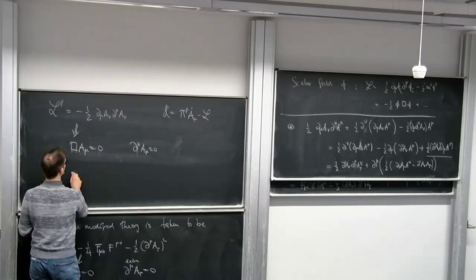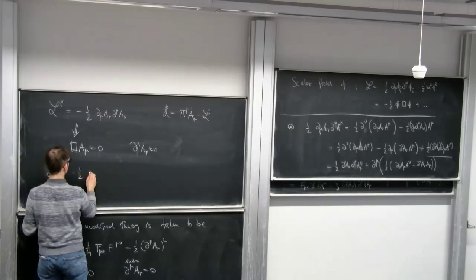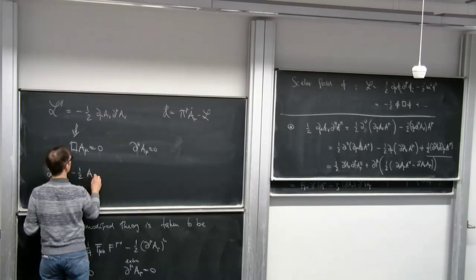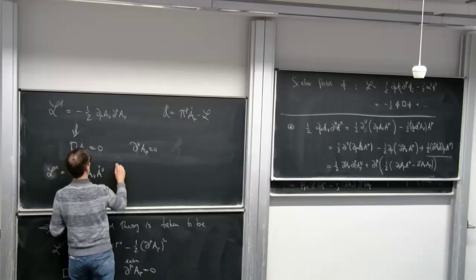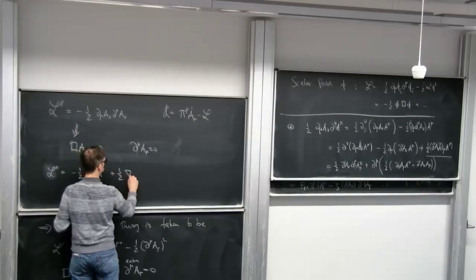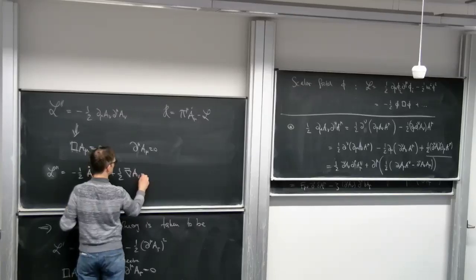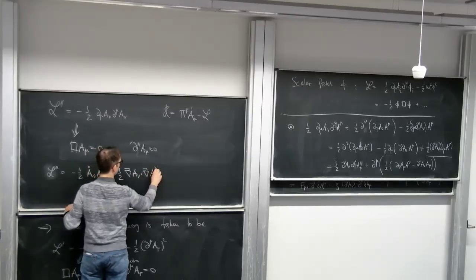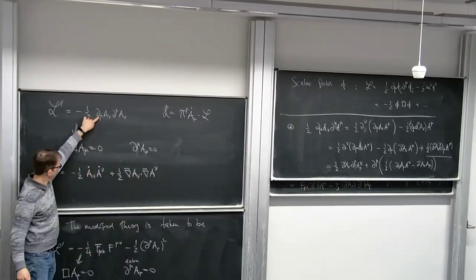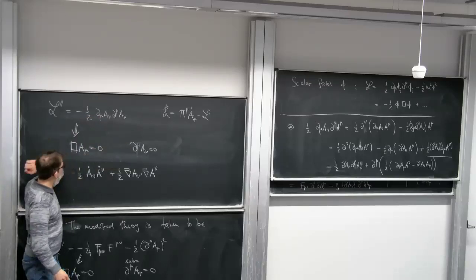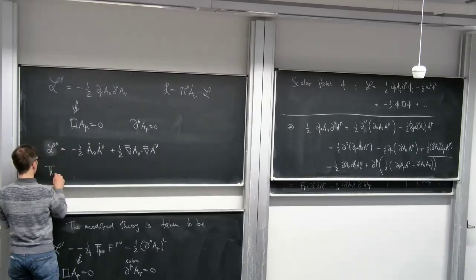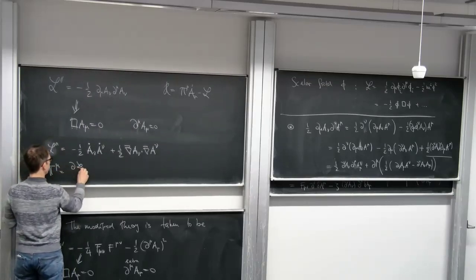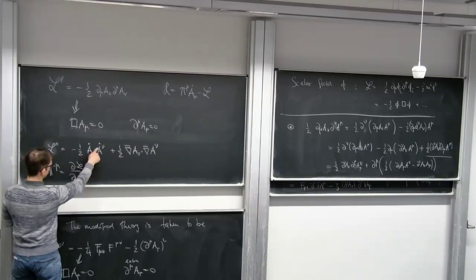It's minus 1/2 A mu dot A mu dot plus 1/2 gradient A mu times gradient A mu, right? I have split the mu index into time and space and get this. And now it's easy to see what the pi mu is, which is dL by dA mu dot, because it's just this thing here, right?